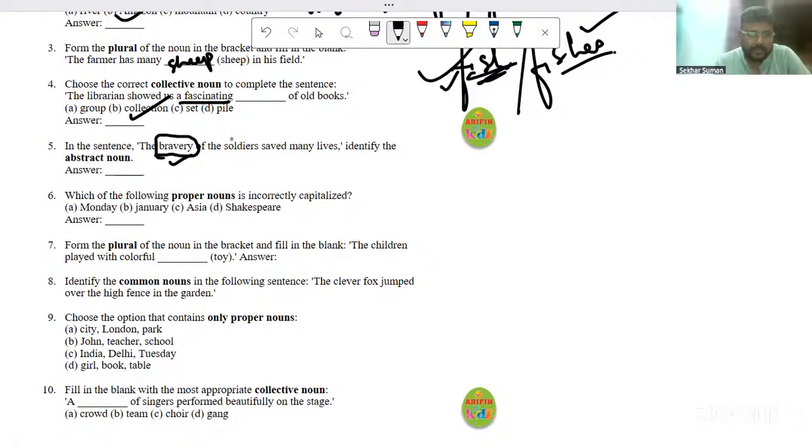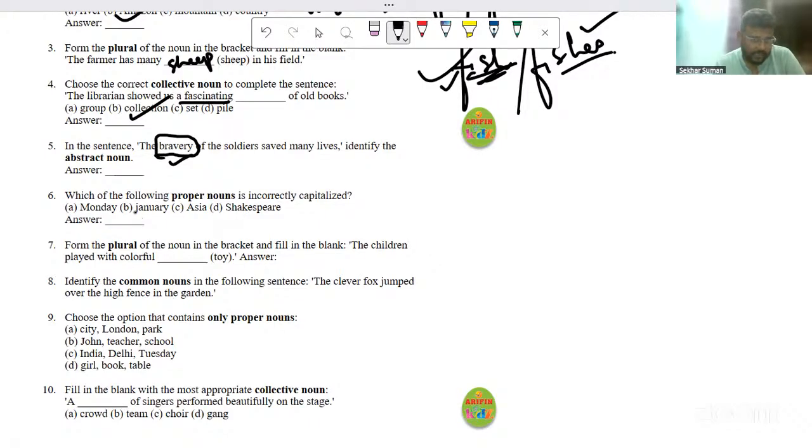Okay, let us move to question number 6. Which of the following proper nouns is incorrectly capitalized? All of them are proper nouns. Name of a day, name of a month, name of a continent, name of a very renowned writer, author, poet, playwright.